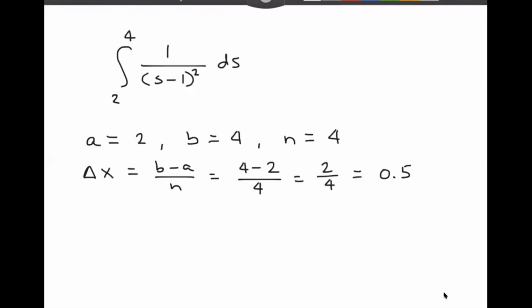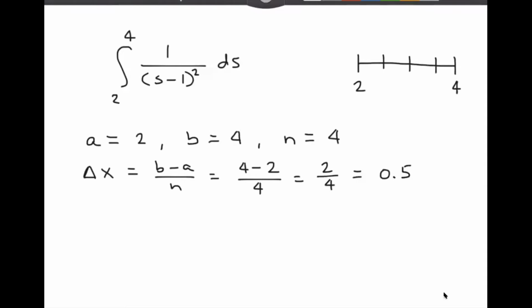So the idea behind that, the notation in this section is a little intimidating. It means that we're taking the interval from 2 to 4 and we're chopping it into 4 pieces. So that means that the partition points x0, x1, x2, x3, x4 are going to be 2.